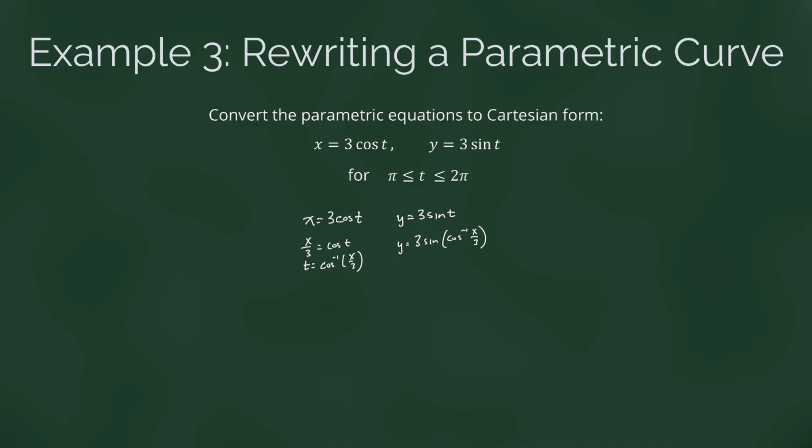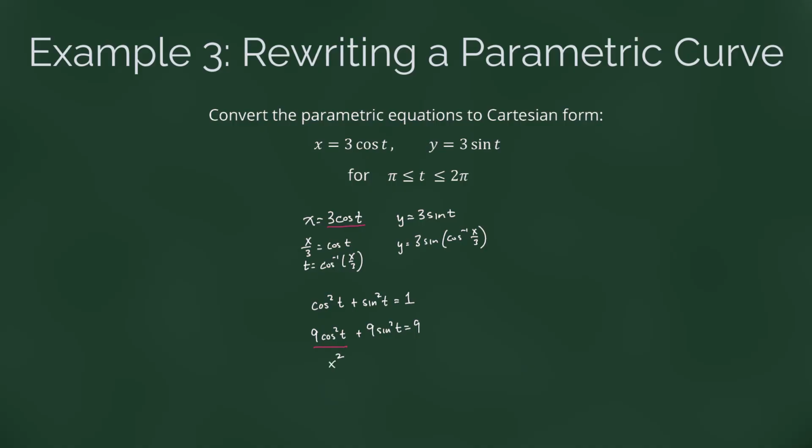However, we do know that the cosine squared of t plus the sine squared of t has to equal 1. That's the Pythagorean identity. If we multiply everything through here by 9, we get that 9 times the cosine squared of t plus 9 times the sine squared of t is equal to 9. But notice that 9 cosine squared of t is the same thing as (3 cosine of t) squared, which means that we can write that term as x squared.